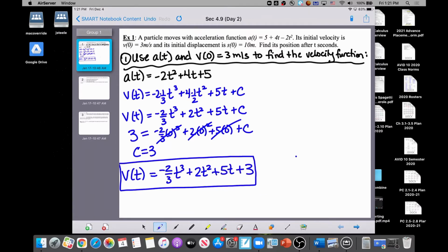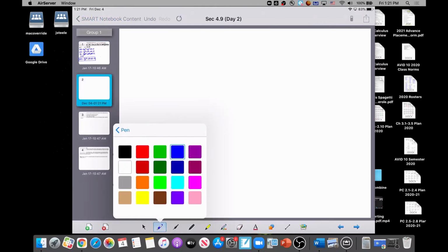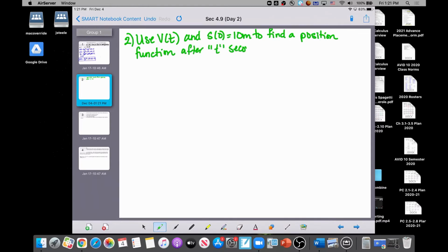Now my step 2 is I have to use my v of t and the initial condition for position that they gave me to find the position function after t seconds. So step 2: use v of t and s of 0 equals 10 meters to find a position function after t seconds.